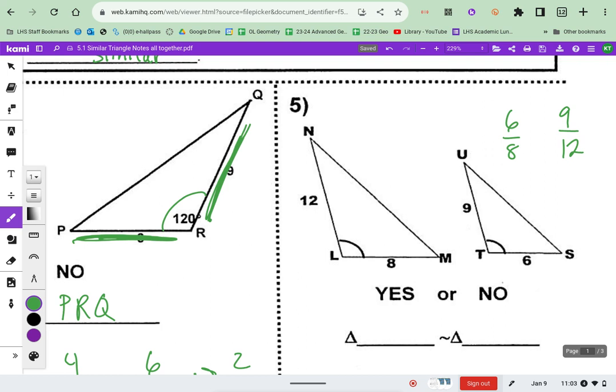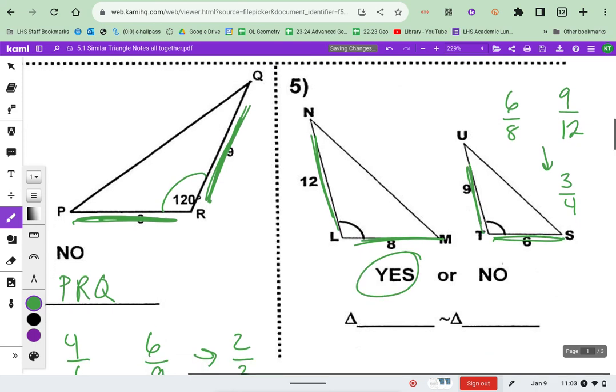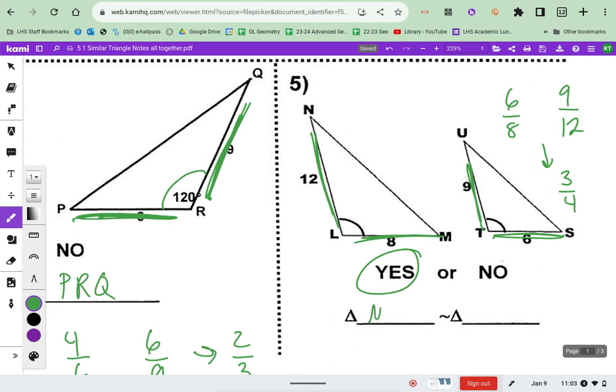And both of these guys will reduce to 3/4. So since the sides that are including the angle are proportional, yes, these are similar by side-angle-side similarity. And we can say that triangle NLM is similar to triangle UTS.